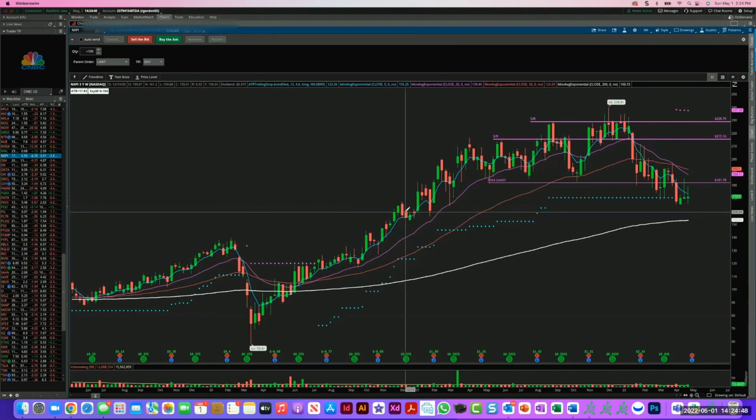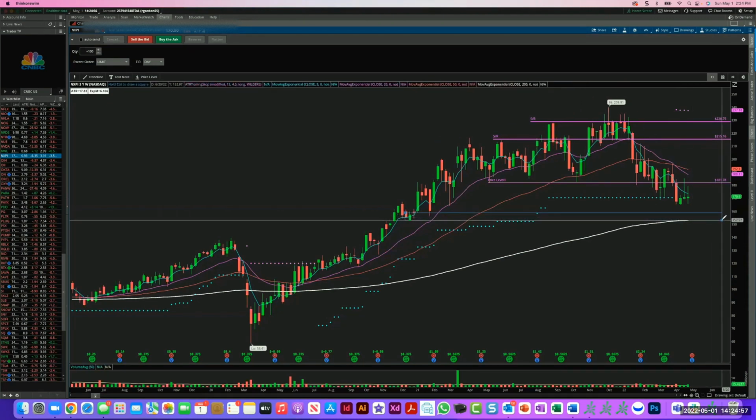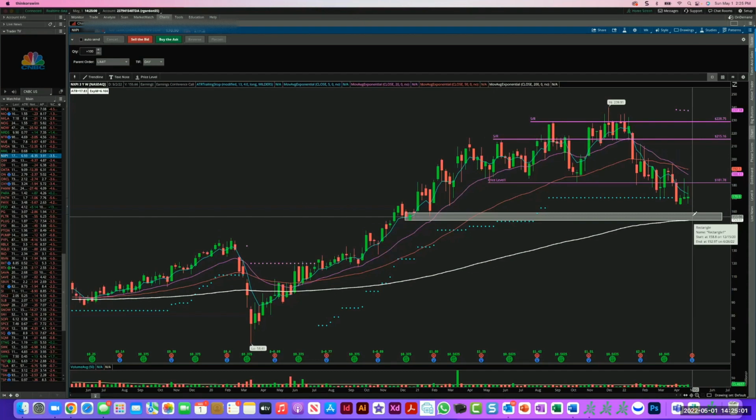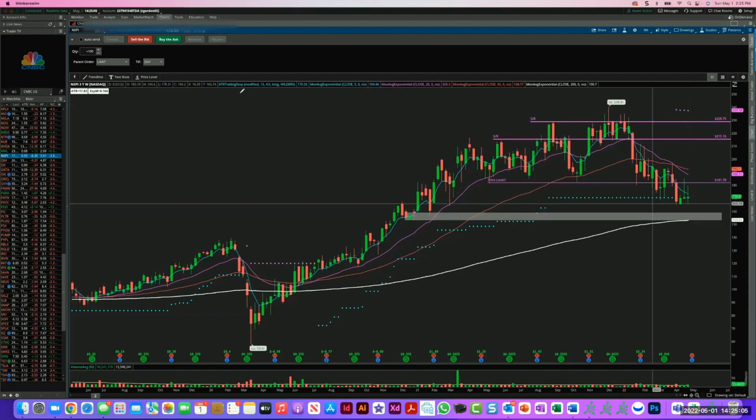So maybe here, there's a little consolidation. So if we drew this, we could say, okay, maybe buyers will come in right here. But still, that's a nice trade down to about 158 from 170 on a stock that moves on average $17 a week.